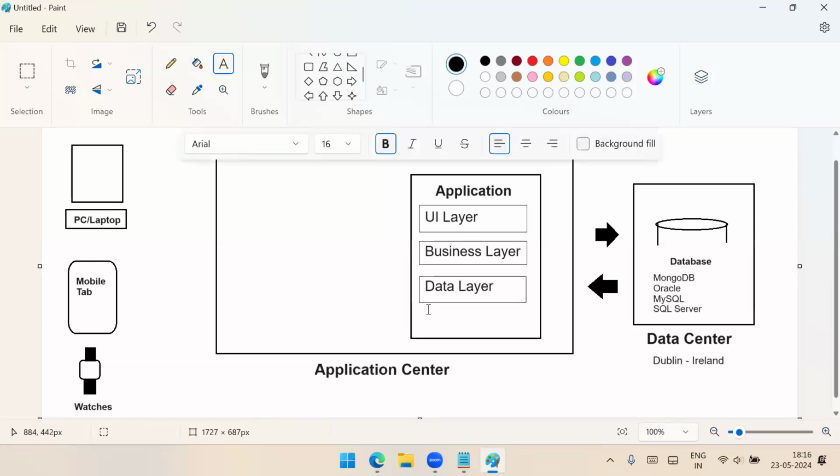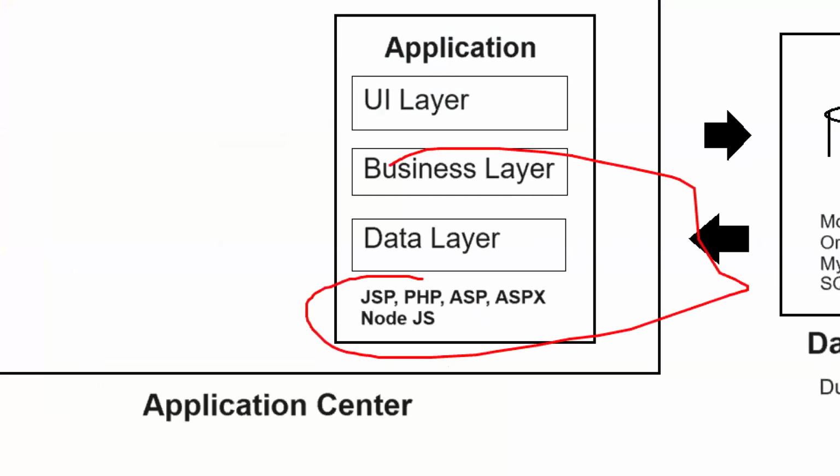To design this application, we use technologies like JSP, PHP, ASP, ASP.NET, and Node.js. There are many server-side technologies, all used to build this app, using Java, .NET, PHP, Python and similar technologies.